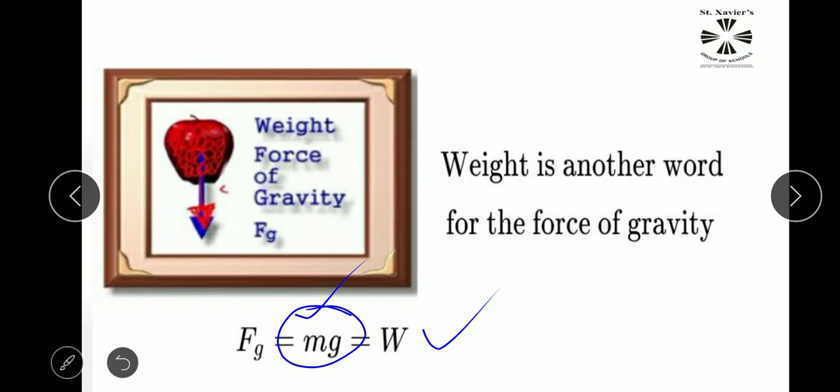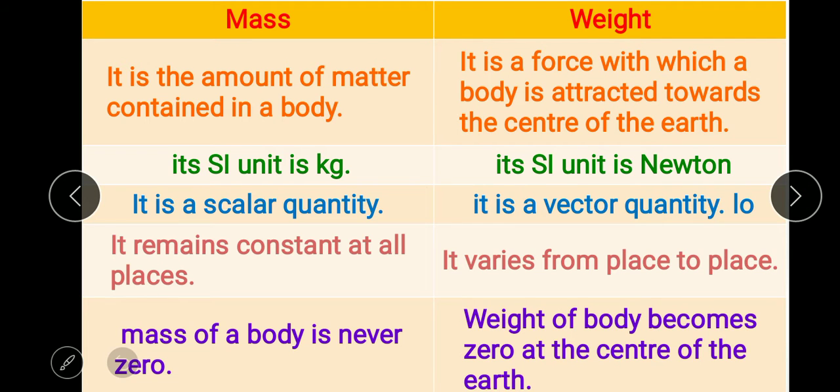Here mass is constant everywhere, but the g value changes from place to place, and not only that, when you move away from the earth's surface, the g value changes. So as the g value changes, the weight also changes, students. Weight varies from place to place, and mass remains constant at all places.